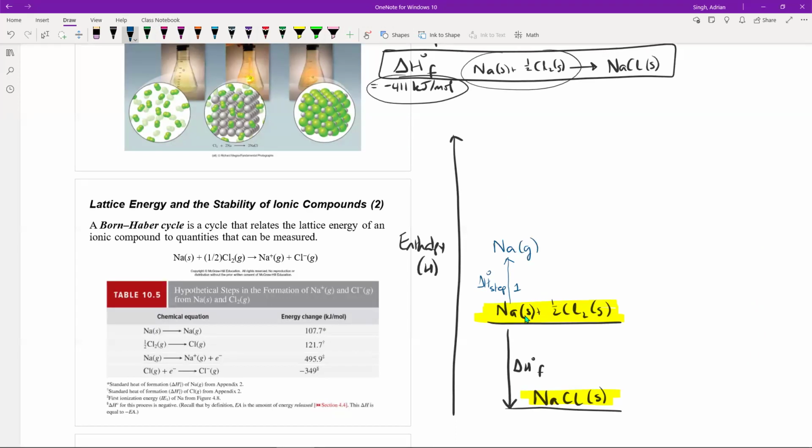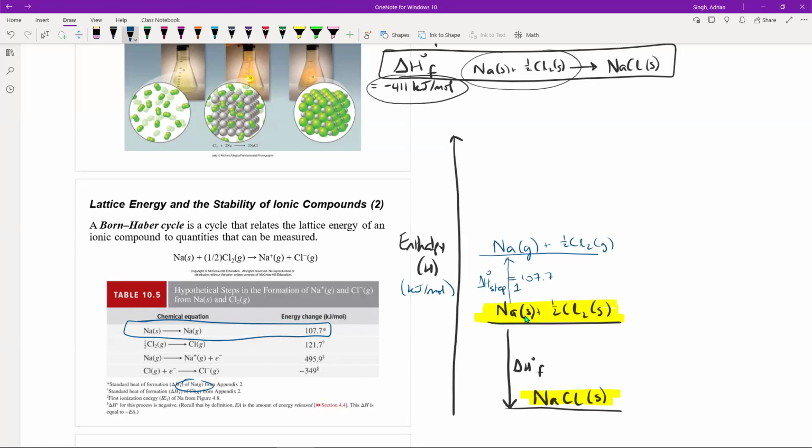That process, the formation of sodium in the gas phase, is also in a table that we can look up. And then we're still going to have our half Cl2 in the gas phase as well. That delta H there is 107.7 kilojoules per mole. I'm just going to ignore the units for right now. We'll just work with the numbers, and we'll insert the units here on the left side, so it applies to all of these values.